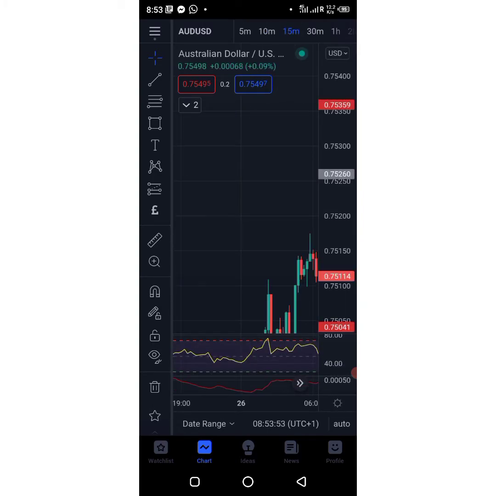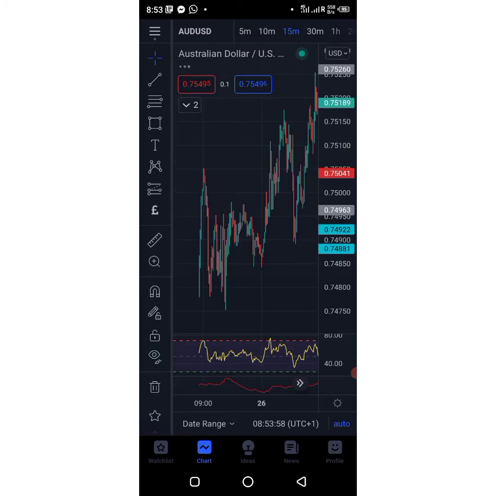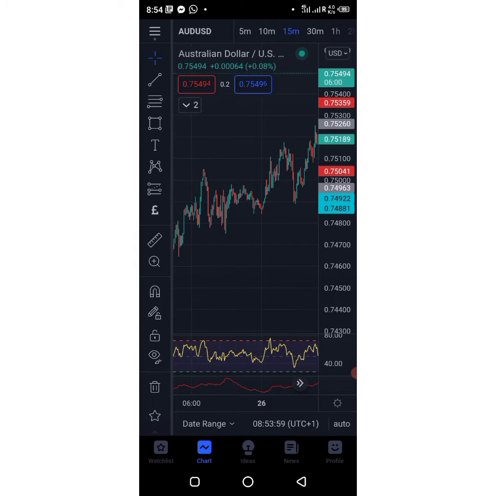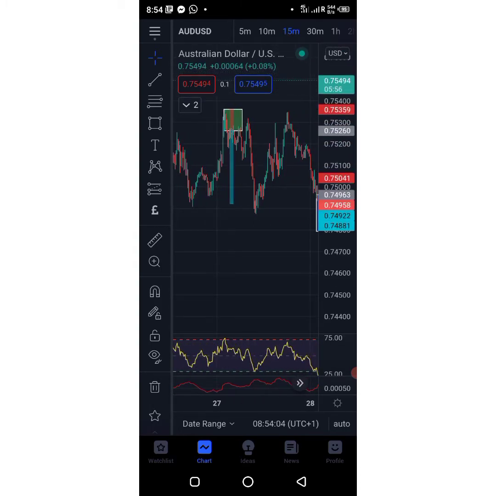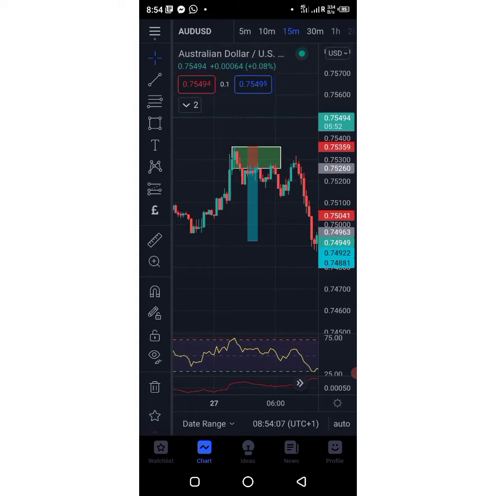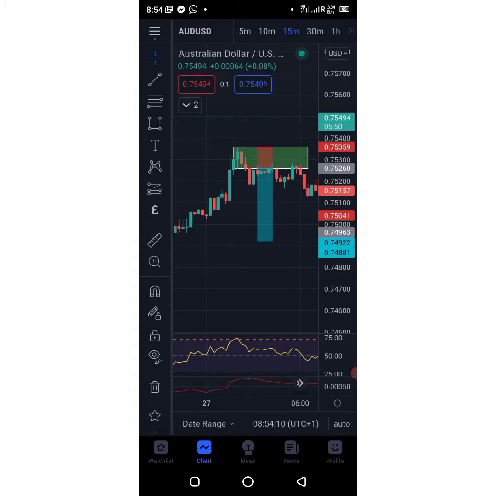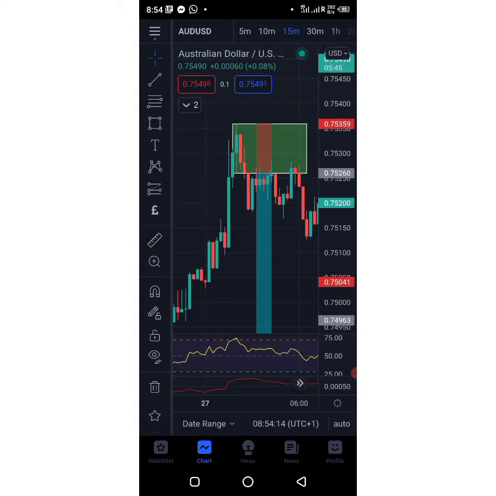Oh my god, this is really annoying. Using a mobile phone to trade, guys, I would definitely not recommend you use your mobile phone to trade, because it's so annoying. Alright, so I saw a very strong supply at this point.